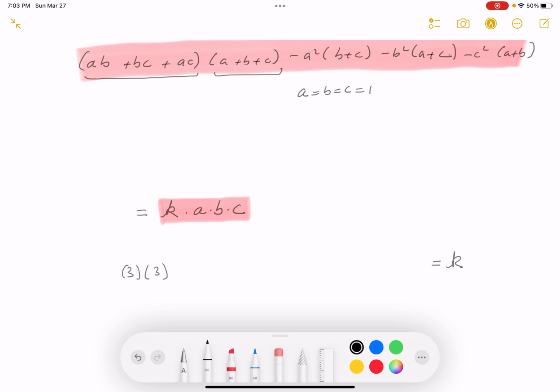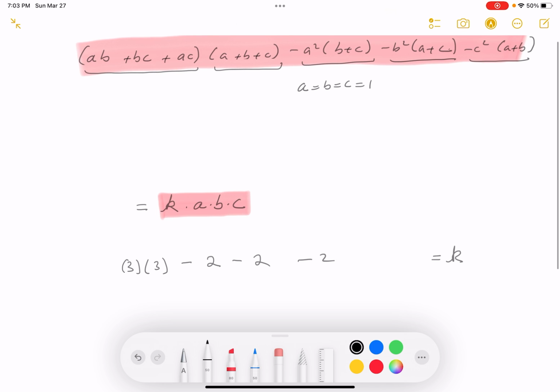Again, A equals B equals C. Minus, well, let's see what you get there. You would get 2. Again, if everything is 1, 1 plus 1 is 2. Minus 2, that's pretty simple to do, and minus 2 over here. So I think I'm ready to do this. This is going to be 9 minus 6 equals K. So the K is equal to 3.